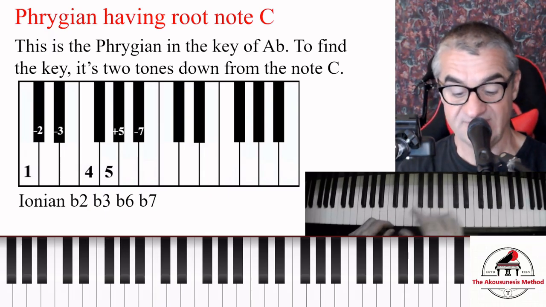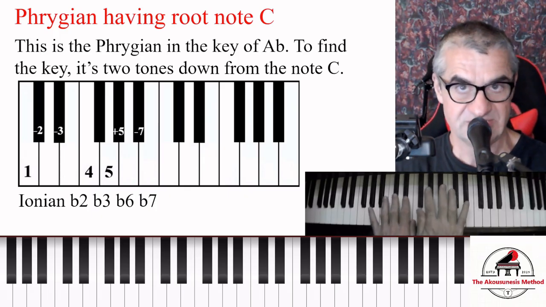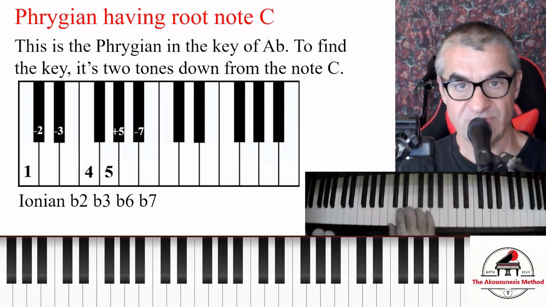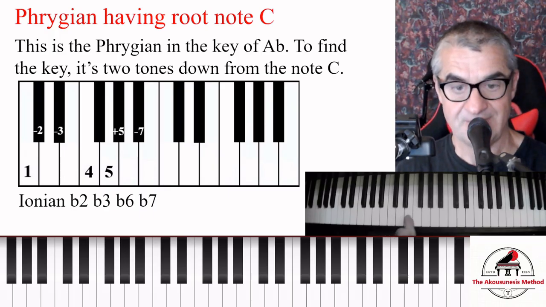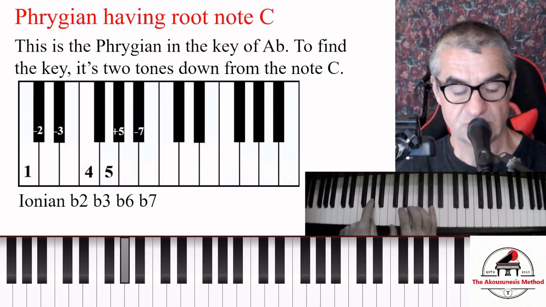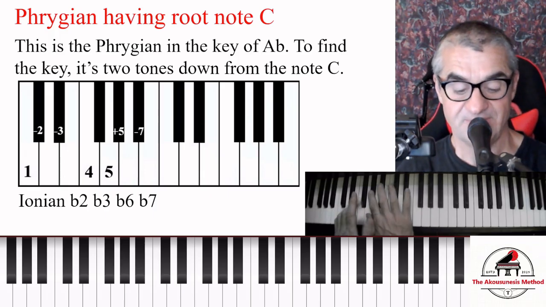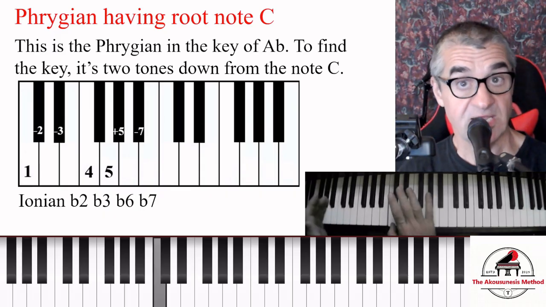But if you haven't written it down and drawn it, or just noted which flats they are, one other way you can do it is, you know a Phrygian is 2 tones up from the root. So if I'm here, I just go 2 tones down, 1, 2, and I'm on A flat. Now if I play A flat, to double check, 1, 2, 3.